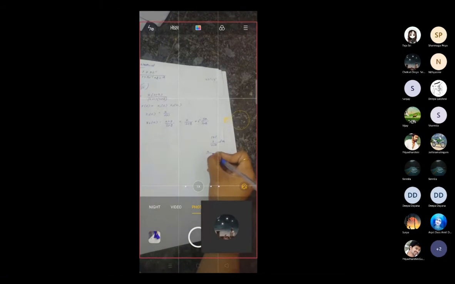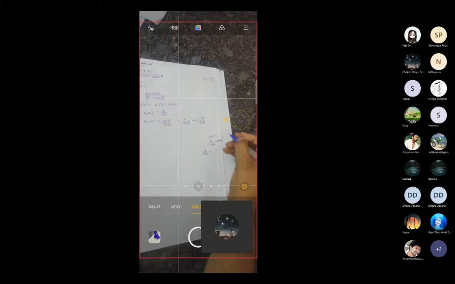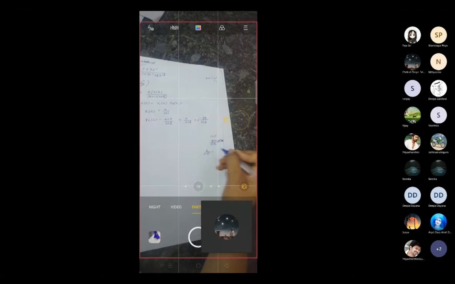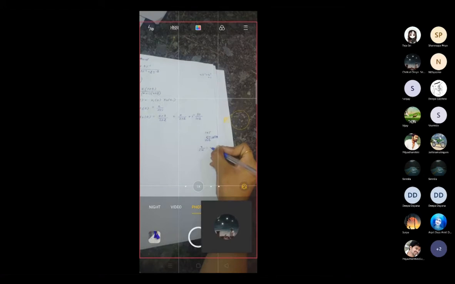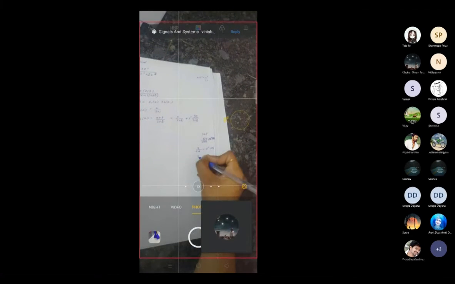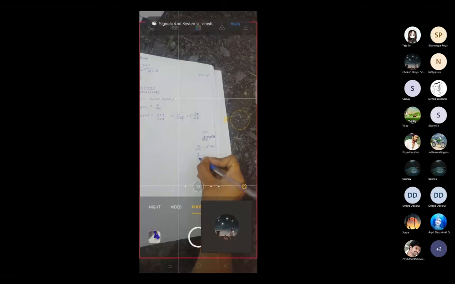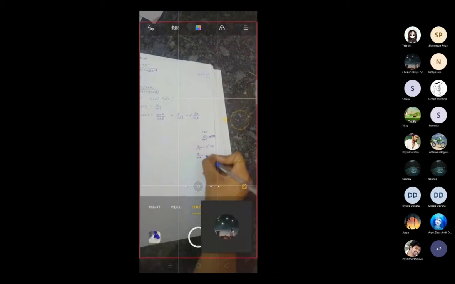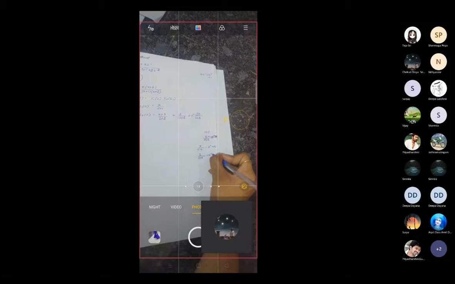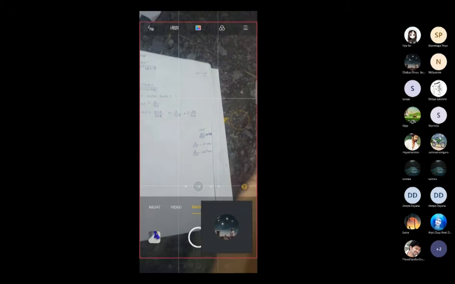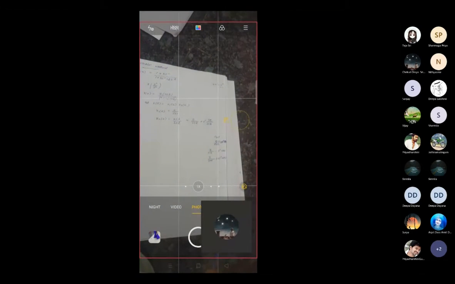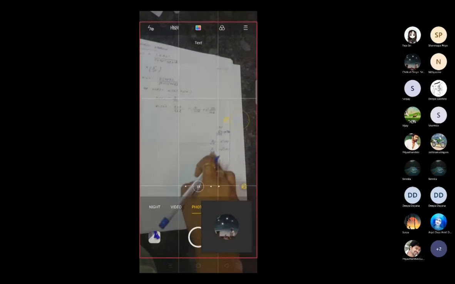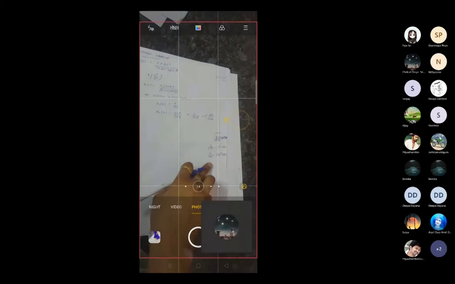If you are finding the inverse for z divided by z plus a, then it will be a negative value, minus a power n into u of n. Like this, you have to replace the value.